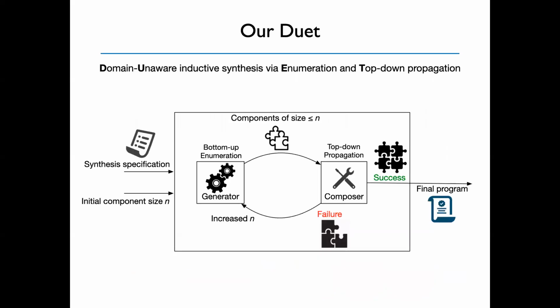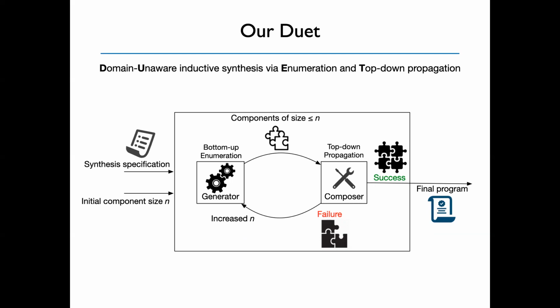Let me first describe the overall architecture of our algorithm, which comprises two parts, generator and composer. The generator first takes a synthesis specification along with an integer n and enumerates expressions, which we call components, whose size is smaller than or equal to n.